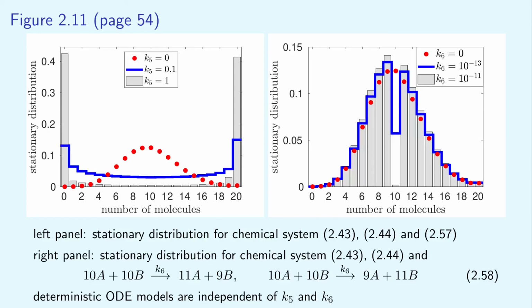So the system will not spend much time in the state when there are 10 molecules of A in the system. This is clearly visible in the plotted stationary distribution for larger values of the parameter K6. This also shows that we can add extra noise, extra stochastic fluctuations, to very specific parts of the phase space.